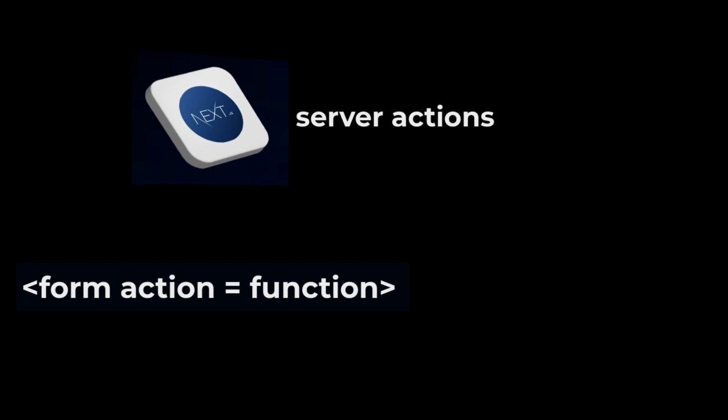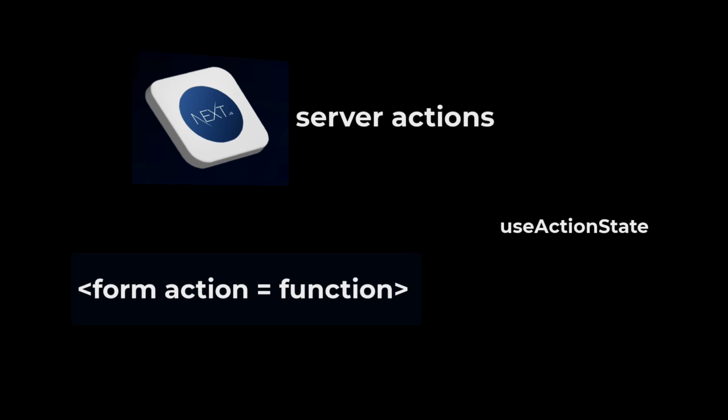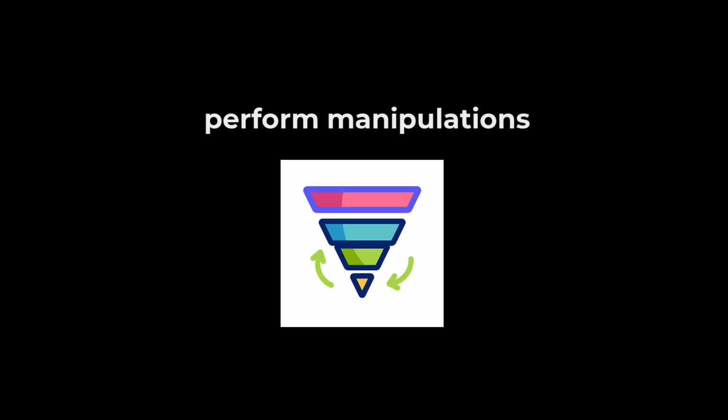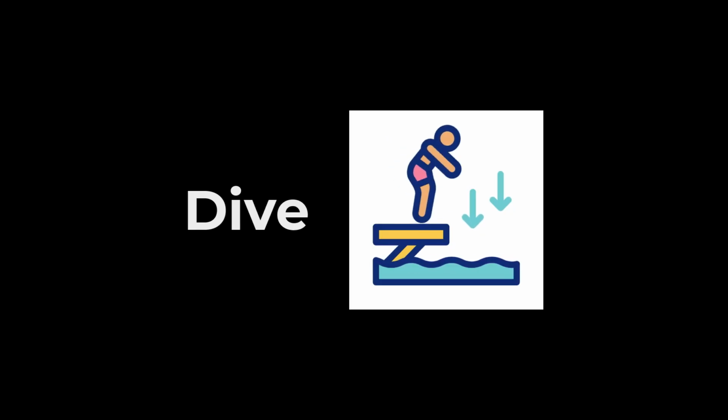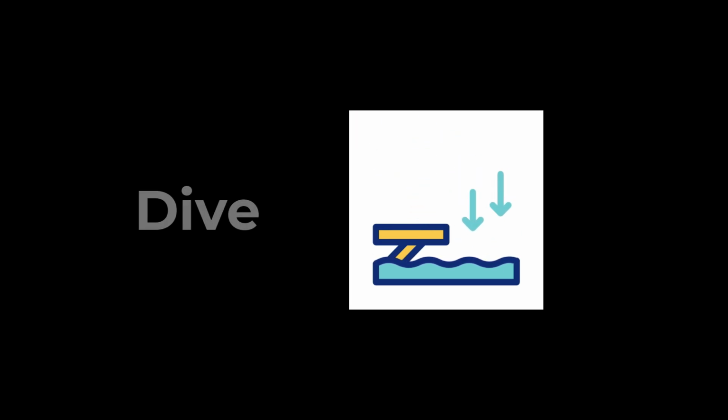By passing a server action to the action attribute of our form, we can also incorporate the useActionState hook, the useFormState hook, and the useFormStatus hook to do some sort of validation and help us submit a properly filled form to our database and perform any sort of manipulation that we want to perform on our form. Let's dive right into our VS Code and create a NextJS application and see how these things work together.